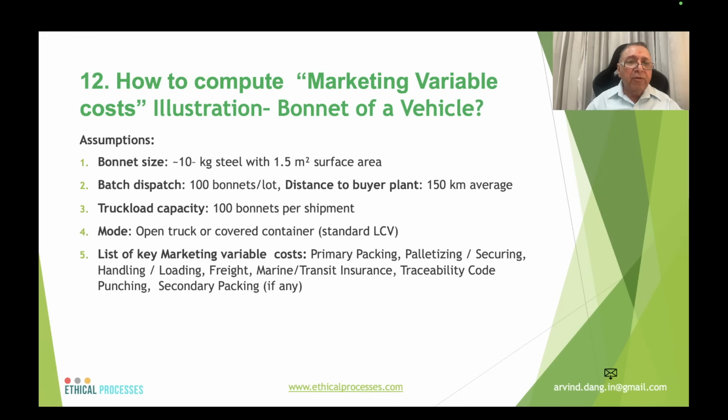And this will be sent by open truckload, standard LCV, light commercial vehicles. And the key marketing variable costs include primary packing, palletizing, securing, handling, loading, freight, marine transit insurance, traceability, code punching, secondary packing. Now this also includes loading and unloading, both at the vendor end and at the buyer end.